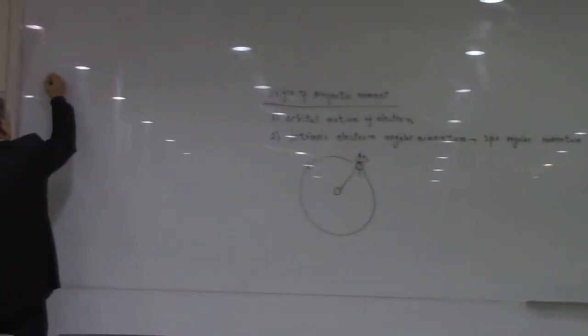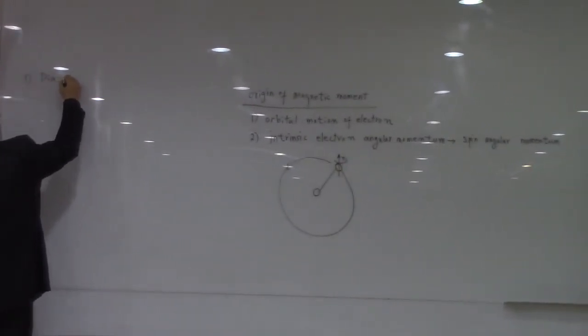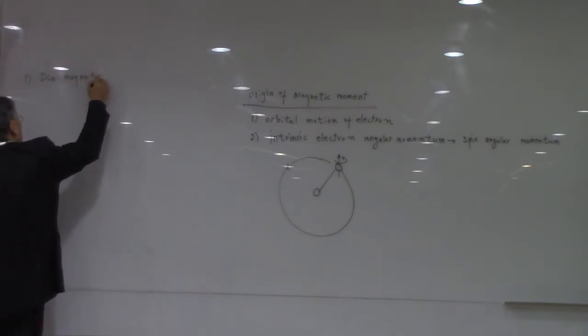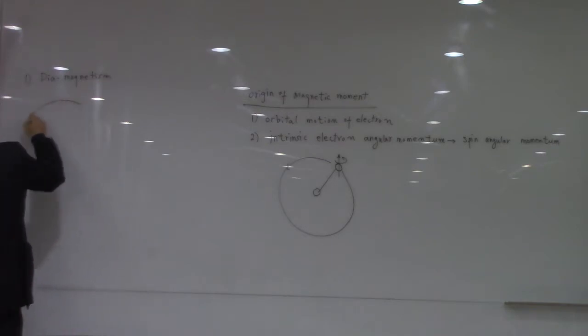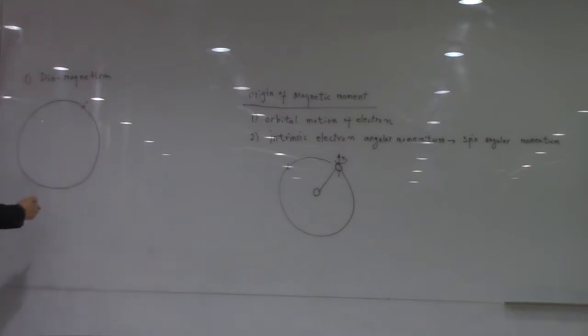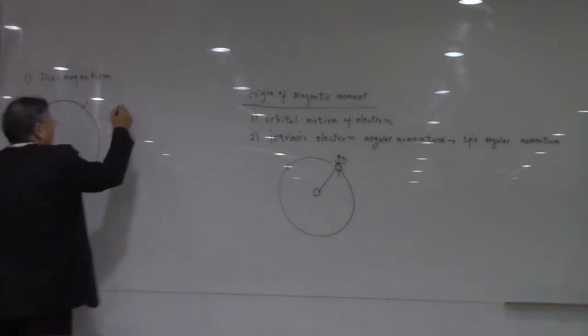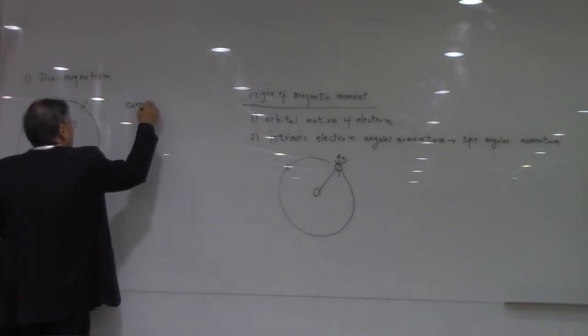And first, if you want to talk about the diamagnetism, you can see that the orbiting action of electrons will give rise to the current, okay?